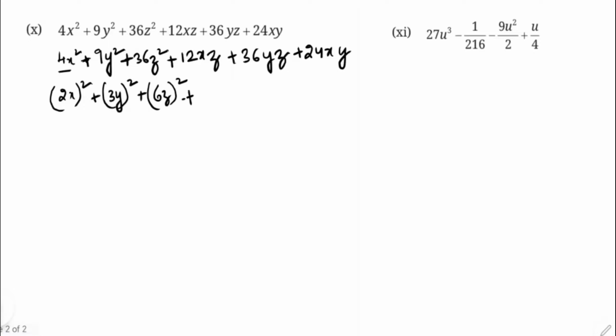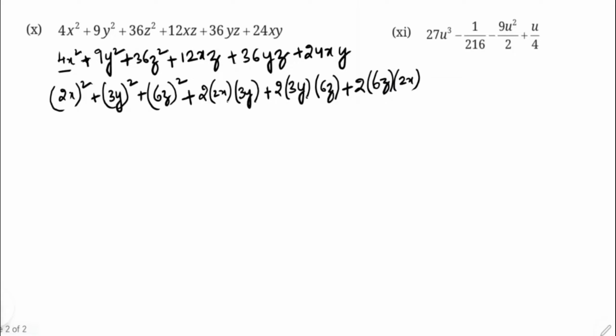Okay, plus we can write 2ab. So what is a? 2x, and b is 3y, plus 2 3y into 6z plus 2ca. Okay, so c is 6z and a is 2x.